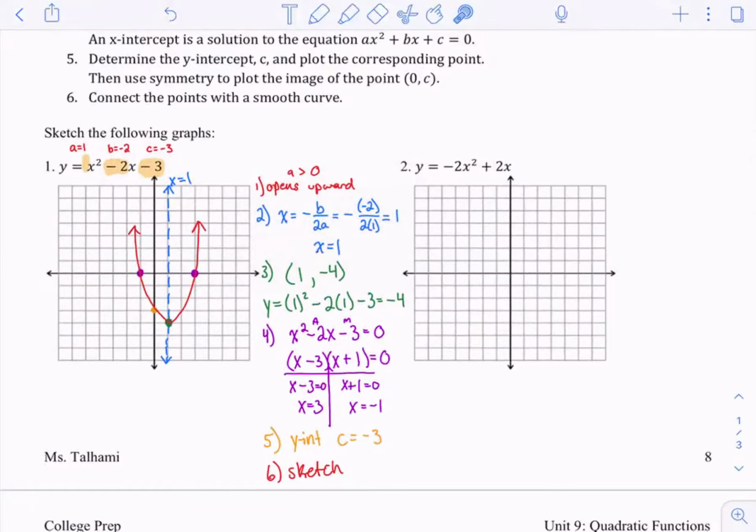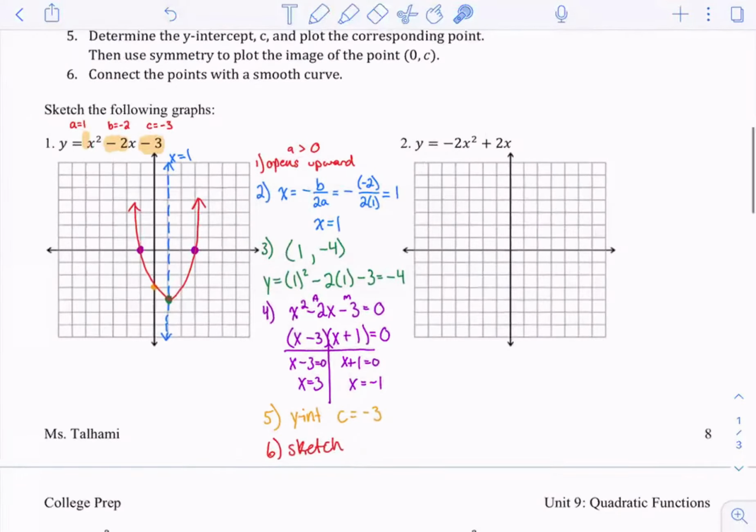So really, those are the steps that you need to follow if you're trying to sketch this. Notice I did not use a calculator at any point. If I put this in the calculator, it probably would match this graph. So now I'm going to do it again for this second example. If you want to pause it, if you feel comfortable, you could try it out.